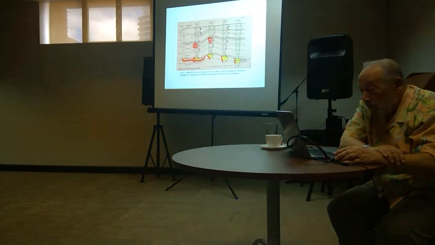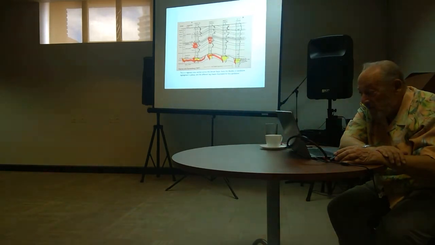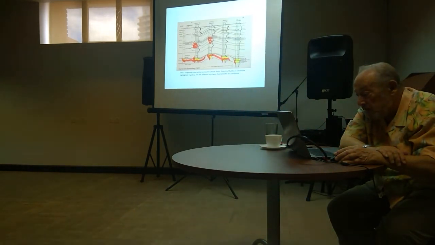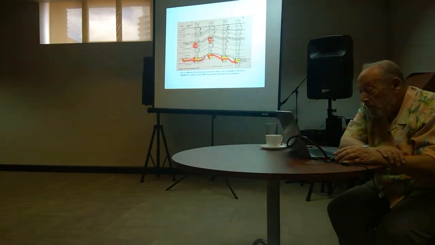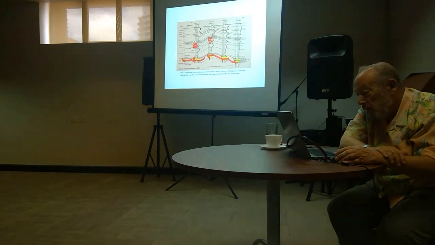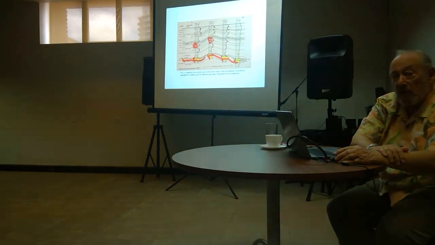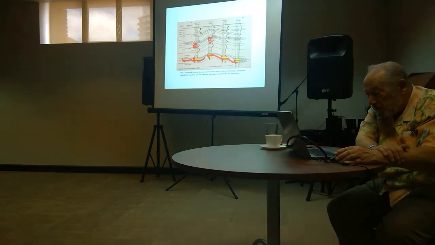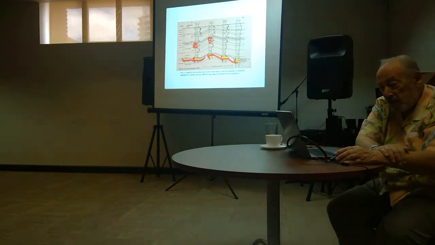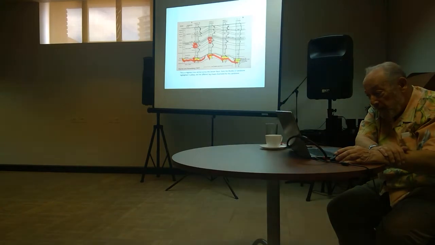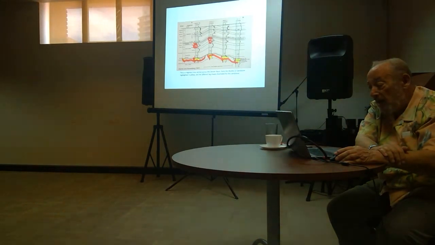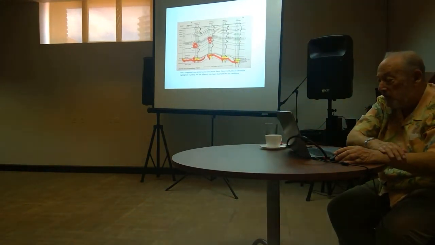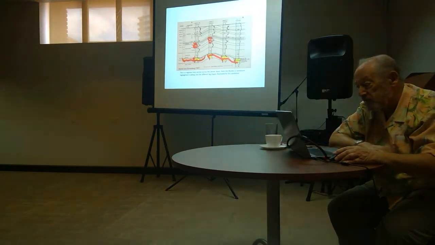So you can say here, I've got some high stand delta, but now this upper part, which is kind of blocky, is going to be another incised valley that was carved into the underlying high stand beds and then backfilled with sediment during the ensuing rise in sea level.